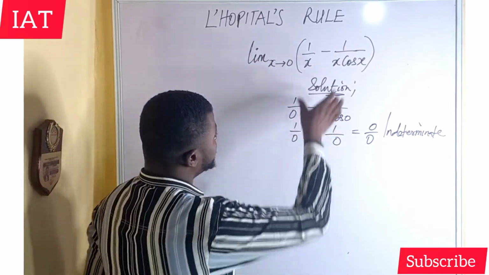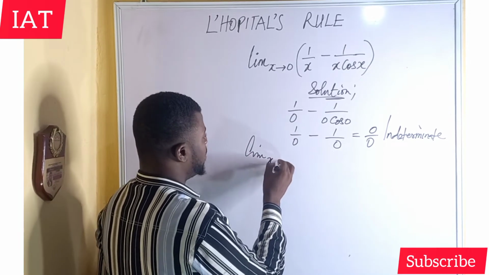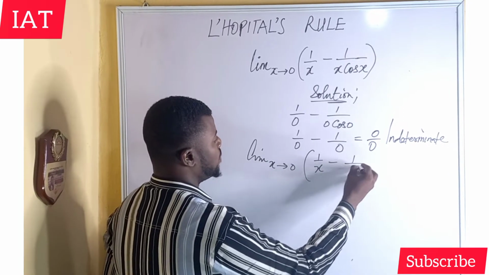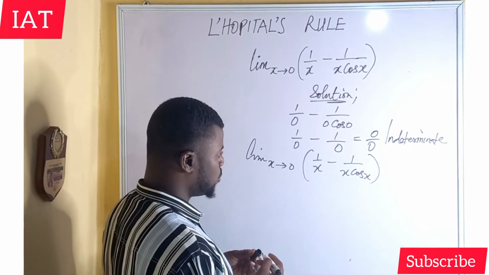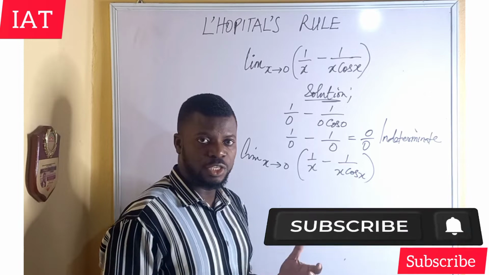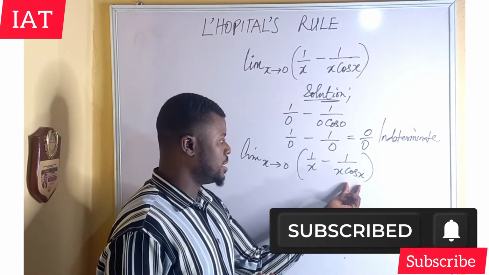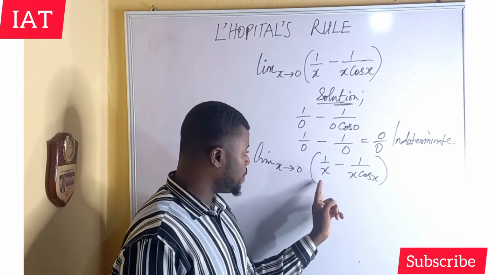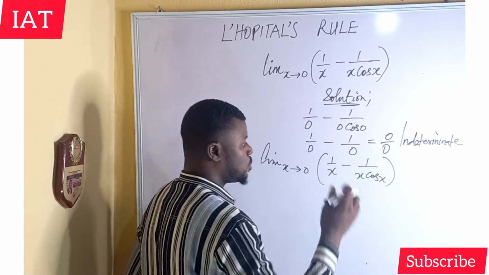But firstly, before you differentiate this expression, the limit of 1 over x minus 1 over x cos x as x tends to 0, the first thing I would love to do is to look for the LCM of the denominators. Of course, the LCM of x and x cos x, x can go into this without remainder. So the LCM of these two denominators is just x cos x.